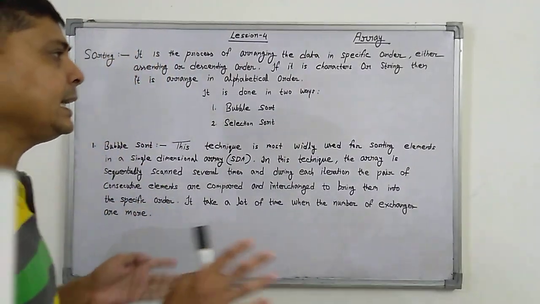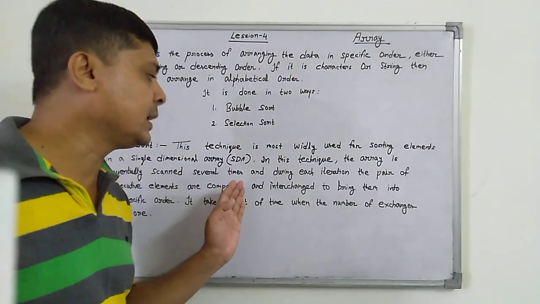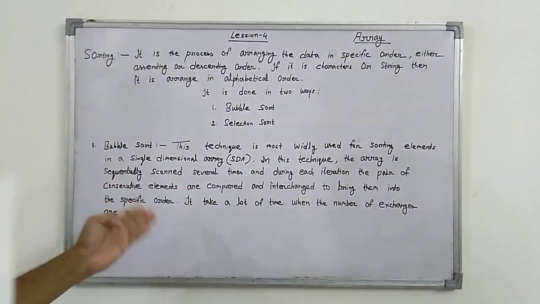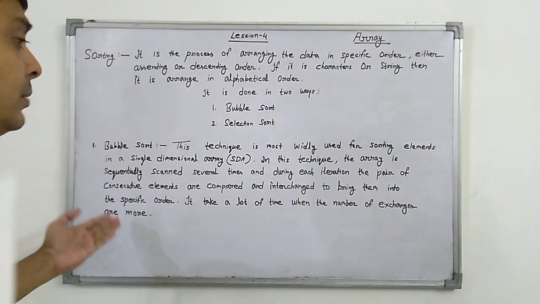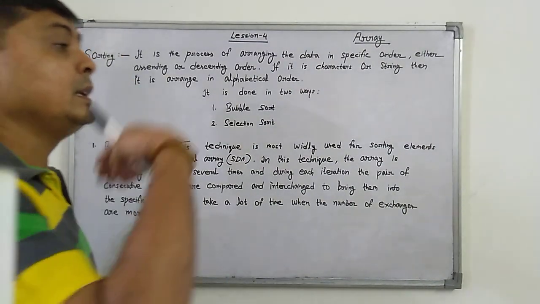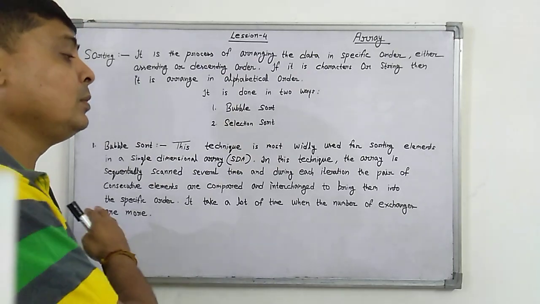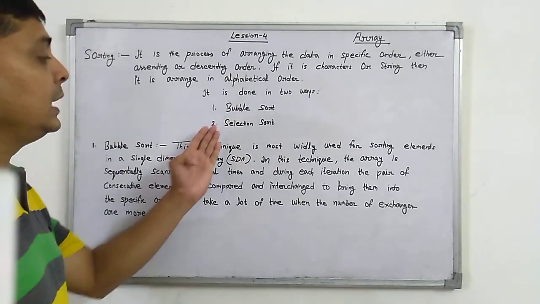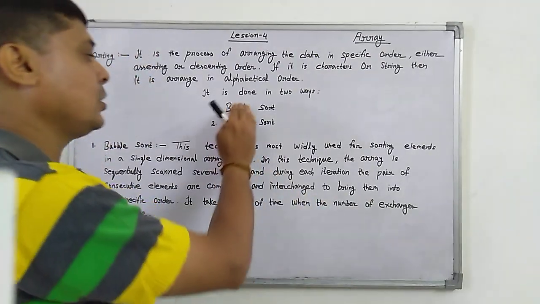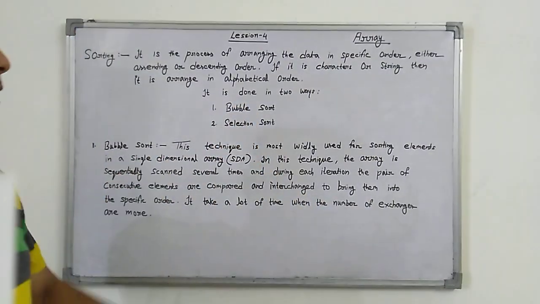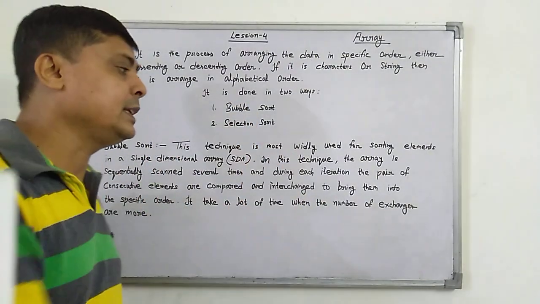So if the number of data is less, then it will work very well. If the number is 100 or 1000 or 5000, it will work very well. But if the number is lakhs or crore, then it will not work very well. That time selection sort is better. For a small number of data, bubble sort is good, but if the number is more, then selection sort is better.